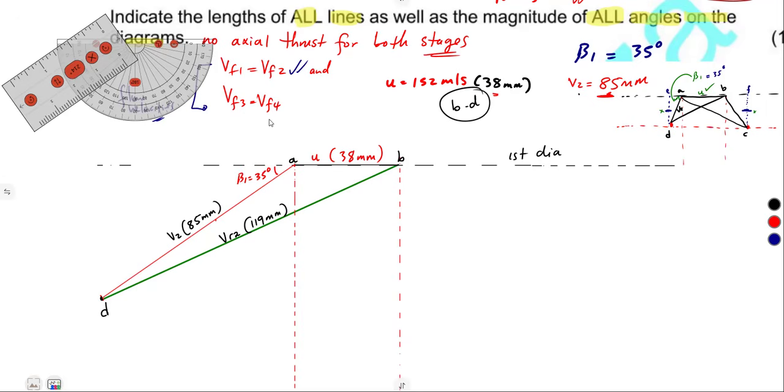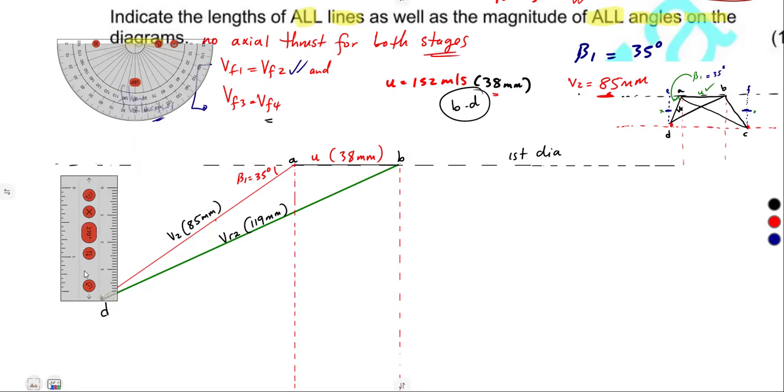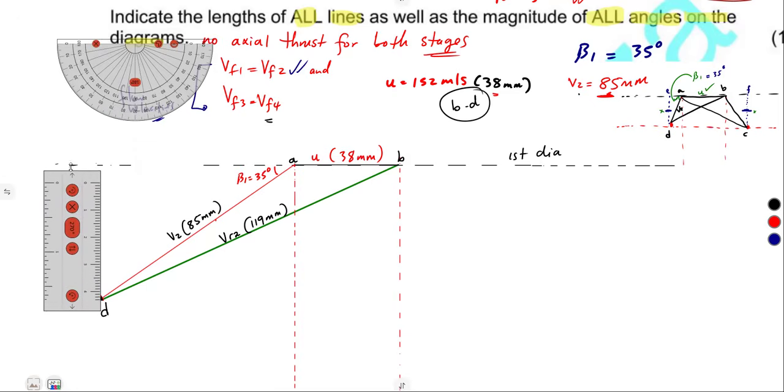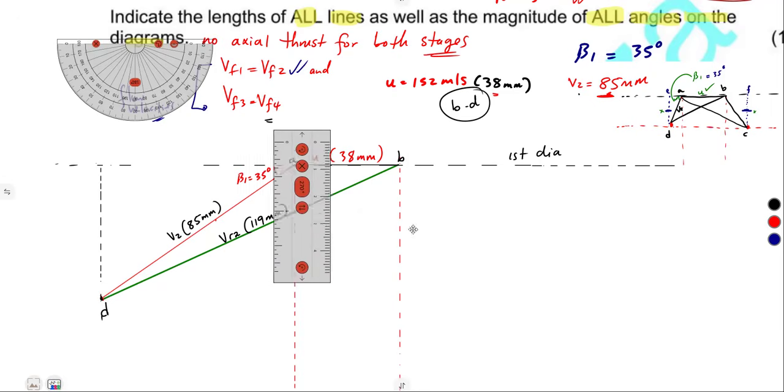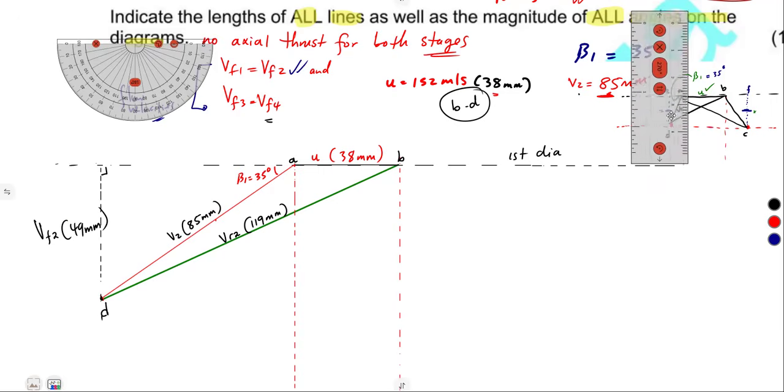And we know about the flow velocities. So what we can simply do here is, from D, draw a perpendicular to the horizontal at 90 degrees. That's the flow velocity 2 at the exit, which is approximately 49 millimeters, 4.9 centimeters.